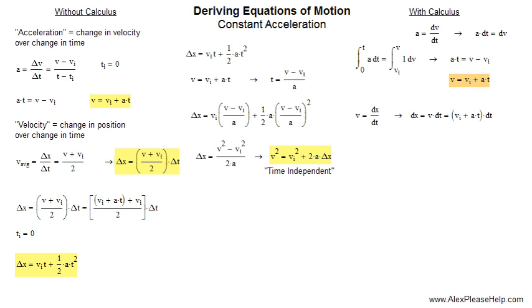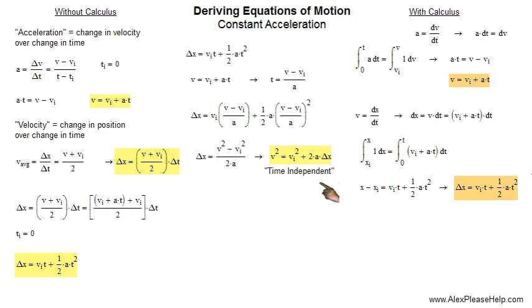Then, integrating both sides, we get the integral of dx from xi to x equals the integral of vi plus at dt from 0 to t. Integrating and simplifying, we get our other major equation. Change of position equals vi times t plus 1/2 at squared.